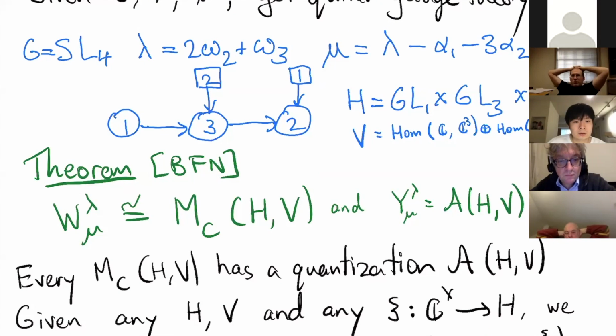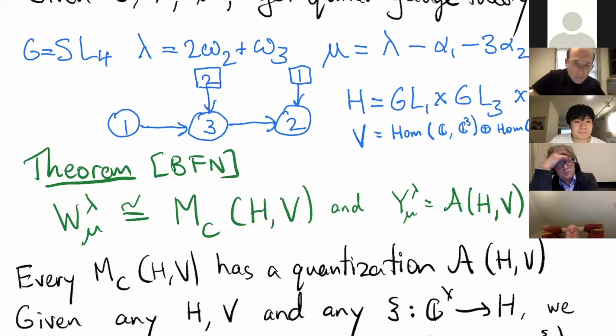You can also take this to be the definition of W lambda mu if G is not finite dimensional. So if we start with an arbitrary symmetric Kac-Moody Lie algebra, you can take this to be the definition. And even if it's only symmetrizable and not symmetric, there's a variant of this Coulomb branch construction due to Nakajima and Weekes, which gives a definition of W lambda mu for any symmetrizable Kac-Moody Lie algebra.